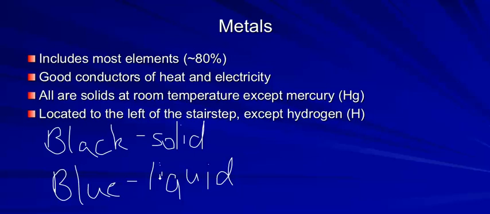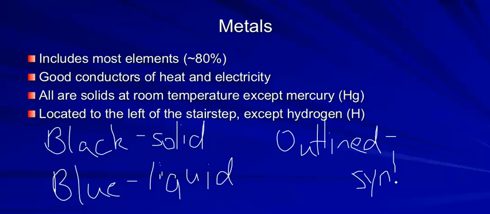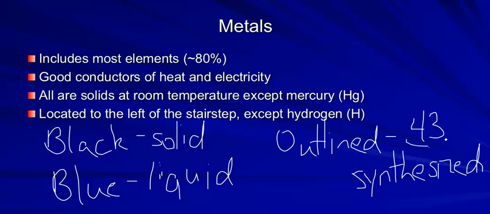And if it's outlined, that means it's a man-made, synthesized element. For example, number 43, technetium, is a synthesized element. And so are ones basically from number 93 over to 103. Now, I'm talking about the periodic table in the classroom. So when you look at these colors, make sure you're looking at the one on the wall in the classroom.